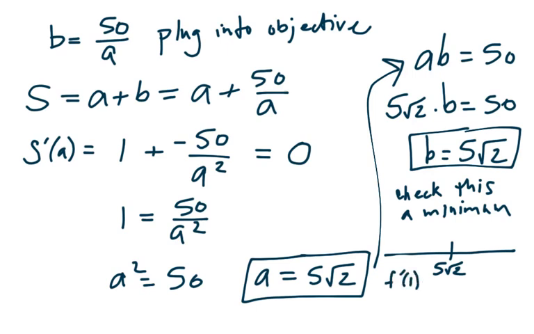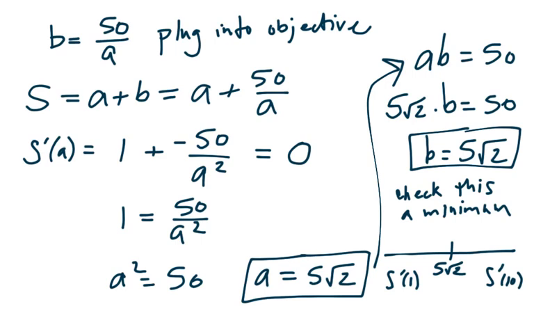And I'll pick a number on the other side of 5 root 2, so let's pick 10 to be safe. So I'll pick f prime of 10. We plug that into our first derivative. I actually called it S, so let me correct that. It's S prime of 1 and S prime of 10. We're looking at our S function.